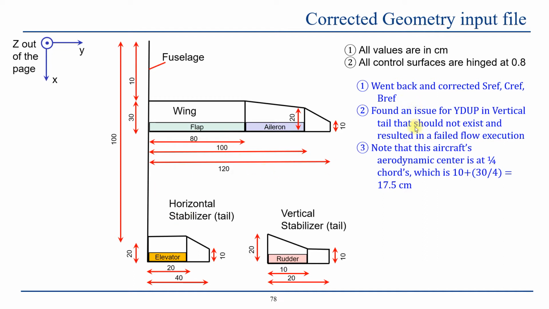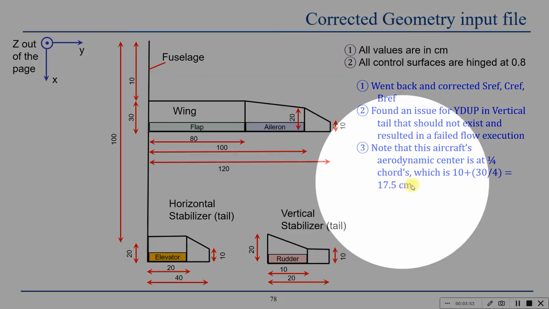And with these new calculations, I also calculated the aerodynamic center for the wing, which should be where the wing starts, which is 10 centimeters, plus 1/4 of the chord, which is 30/4, and adding these up would be 17.5 centimeters.